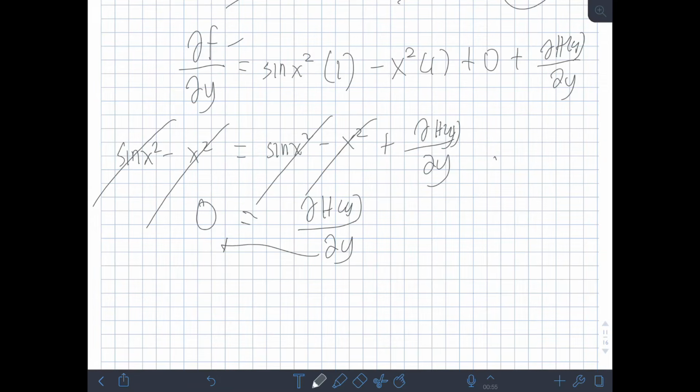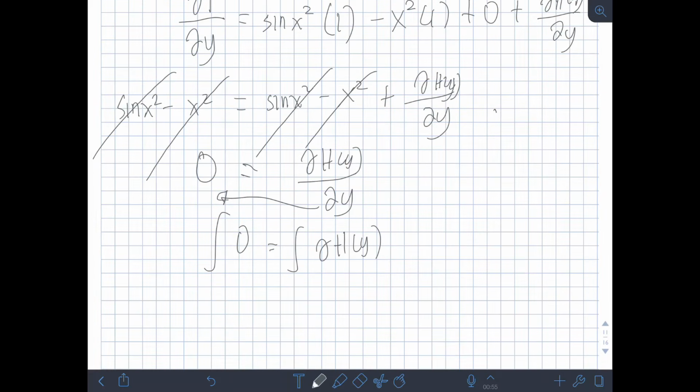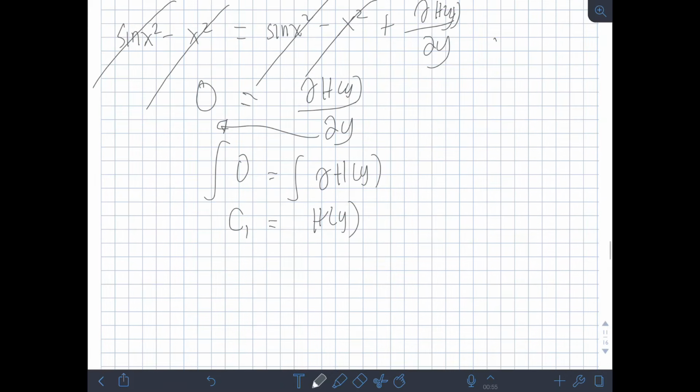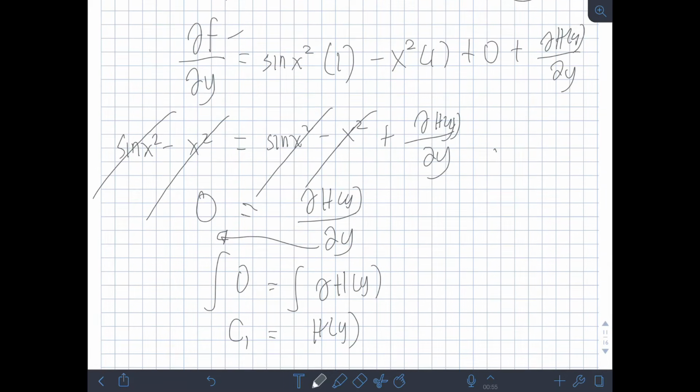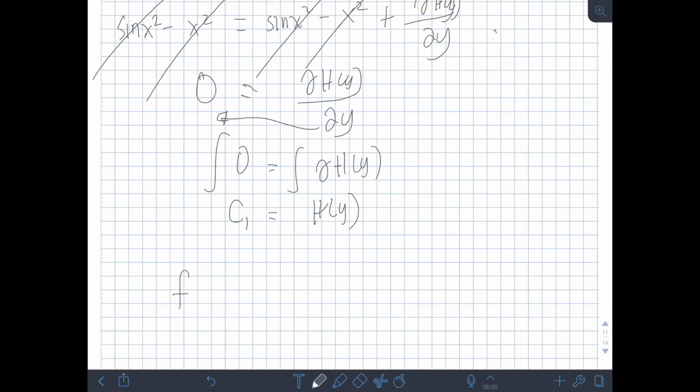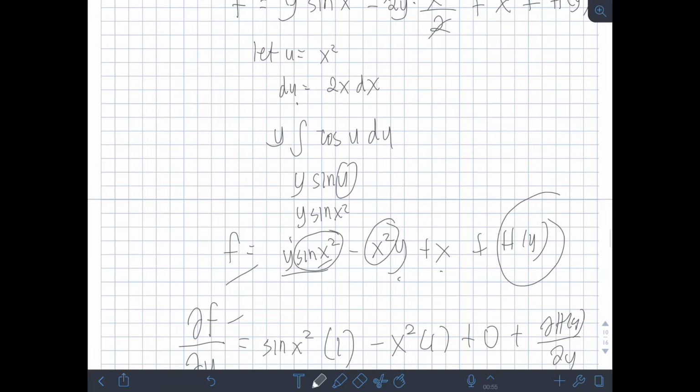So, pag kinros-multiply ko itong dy, parang 0, di ba? 0 differential h of y. So, pag in-integrate natin yan, 0 or constant na lang. So, let's say c1 is equal to h of y. Okay, so meron na tayong h of y. So, di ba yung final form natin kanina ng f ay ito?